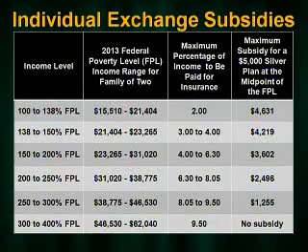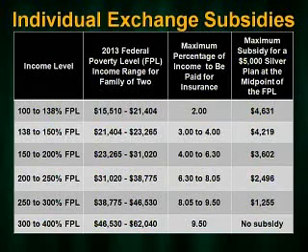That would mean that they would be eligible for a subsidy of $4,631. And that would go towards the purchase of a health insurance plan. So as income rises, as you see, the subsidies get smaller and smaller.